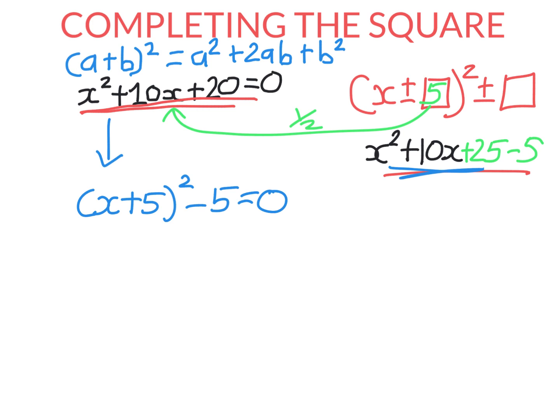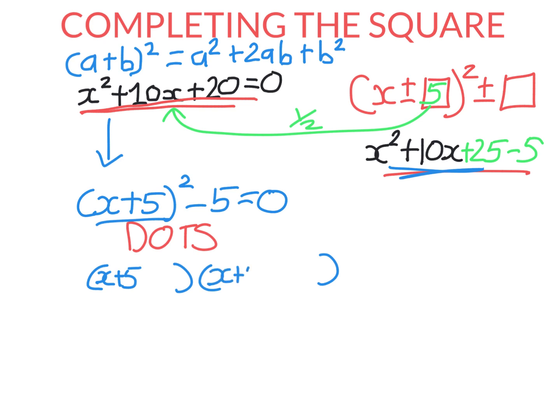So this can help us solve the equation. How do I now solve this? I need to factorize again using difference of two squares. This is how you use difference of two squares. You get two brackets, you square root the first thing, so the square root of this one here is x plus 5. Then you square root the second thing, so square root of 5, I'll just leave like that. One bracket gets a plus, one bracket gets a minus.